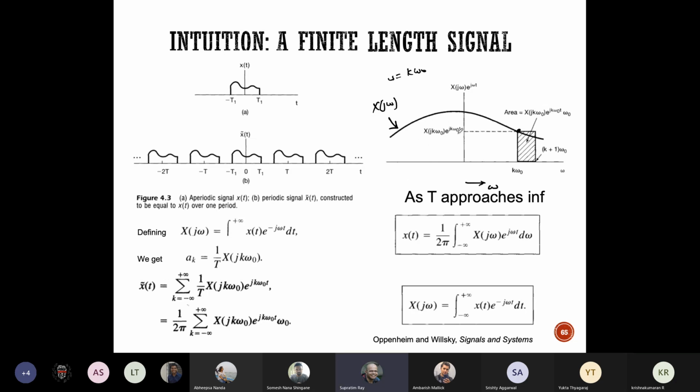And then this function, if you now call it X(j omega) multiplied by e to the power j omega t. Okay, so this function is now X(j omega), which is a continuous function, multiplied by e to the power j omega t, which is also a continuous function. Then this sample here is just this.